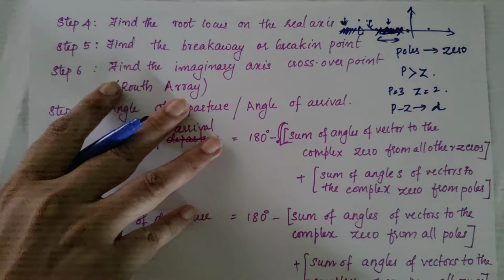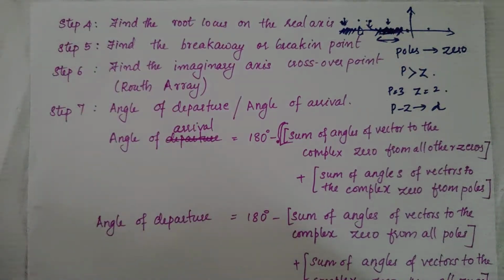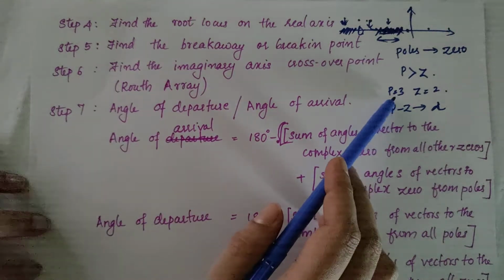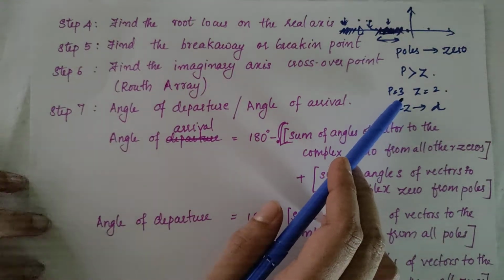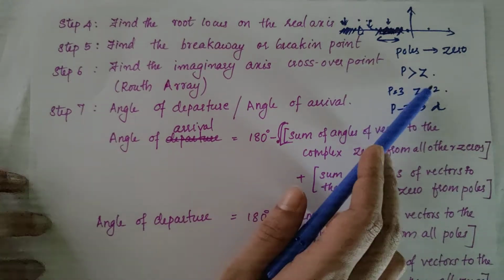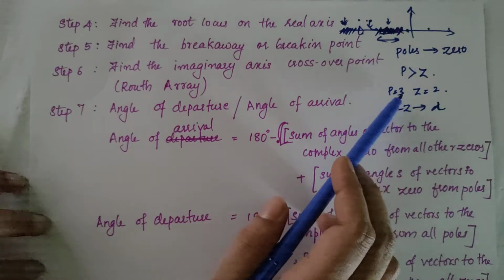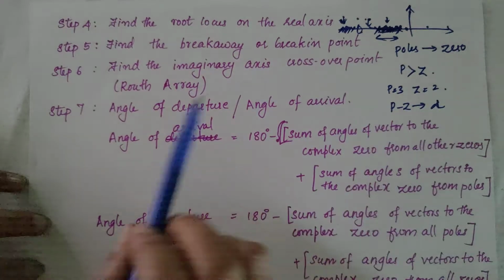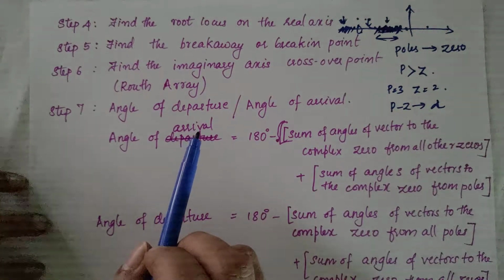Okay, so it depends on the number of zeros where the root locus will terminate. So if there are 3 poles and 2 zeros, then the total number of branches will be 3, and out of the 3, 2 branches will terminate at 0 and 1 branch will terminate at infinity.